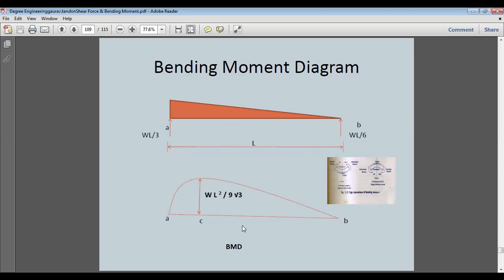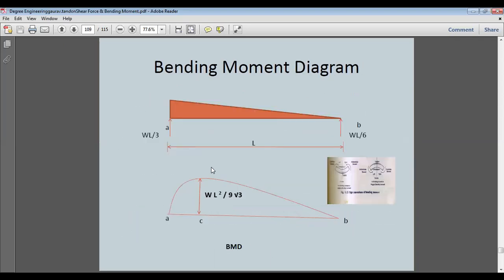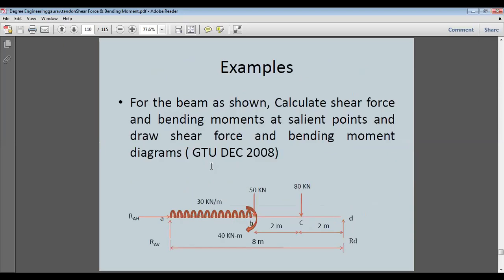So points A and B will have zero bending moment, and at the point L by root 3 we will have the maximum bending moment. We multiply L by square root of 3 with the shear force WL by 3, and multiplying this we get the maximum bending moment.